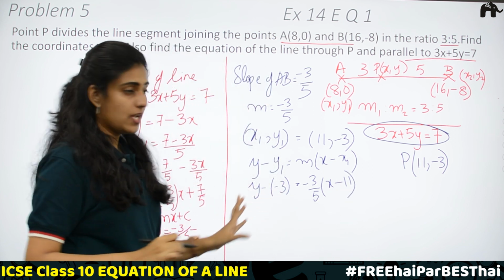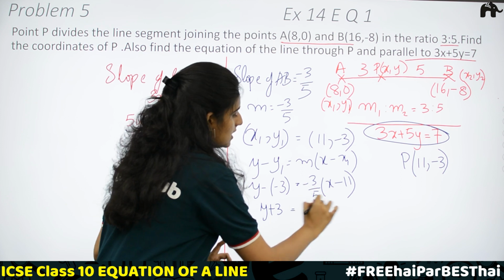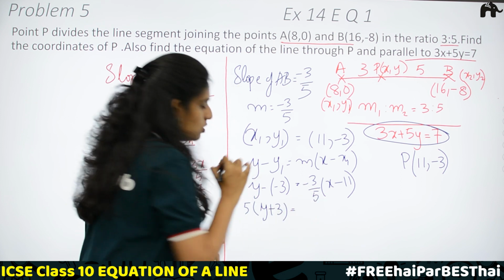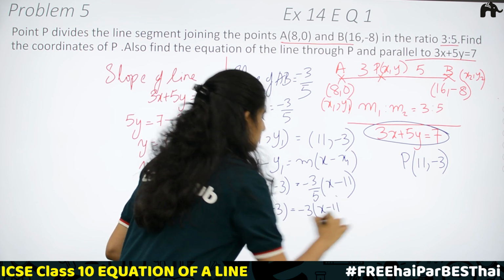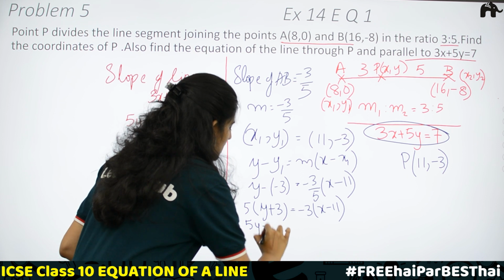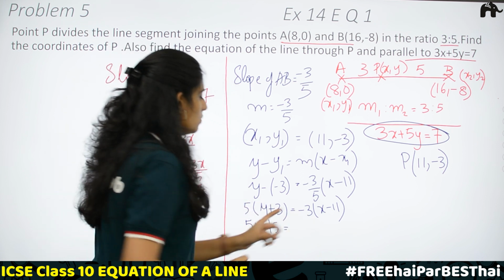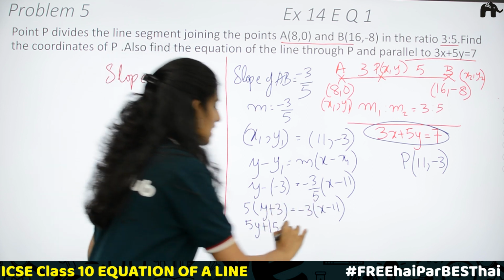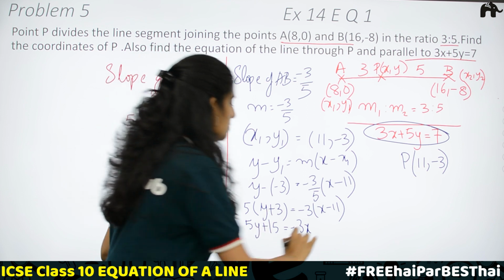y minus of minus 3, y plus 3 is equal to, we can take this 5 to the opposite side, into 5, minus 3 into x minus 11. So, removing brackets and multiplying, 5y plus 5 into 3 is 15 is equal to minus 3x, minus 3 into minus 11, plus 33.